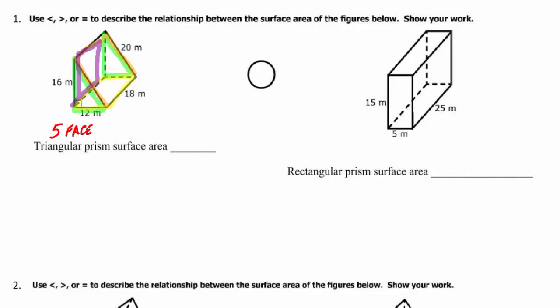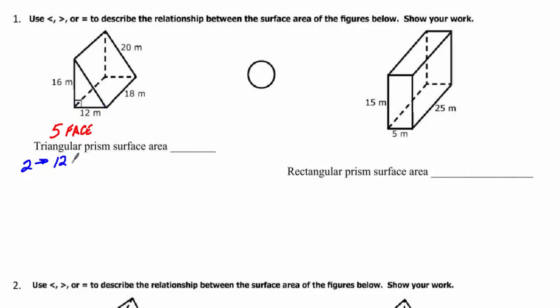So let me go ahead and get rid of all of that extra writing, and let's figure out the surface area of this figure. So here's what I know. I have 2 faces that are the triangular faces. Now remember, area of a triangle is base times height divided by 2.